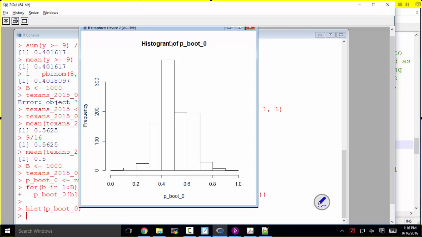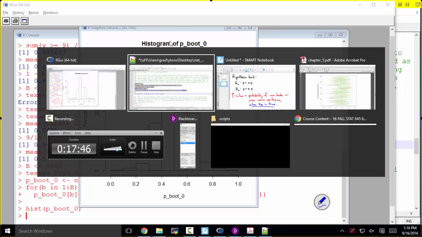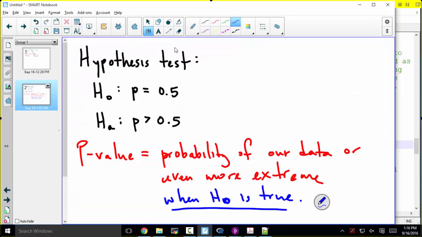So this is an approximation of the sampling distribution of p hat under the null, which means that the p-value in the context of the NFL data will equal the probability under the null hypothesis that y is bigger than or equal to 9.